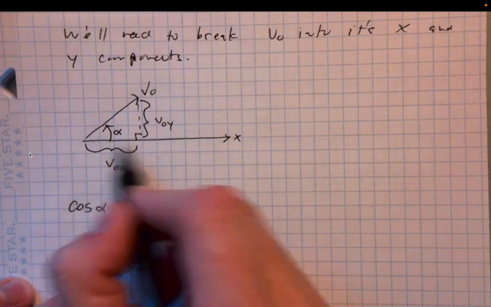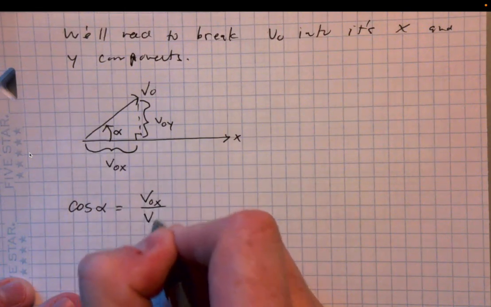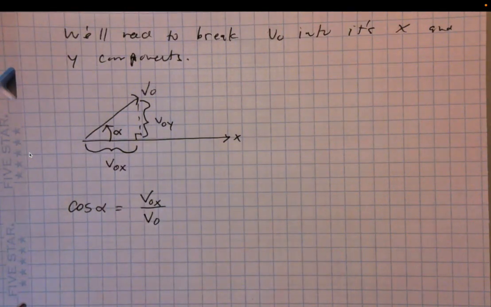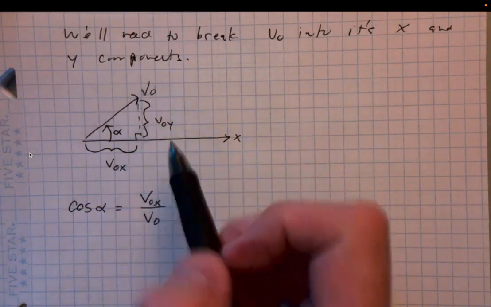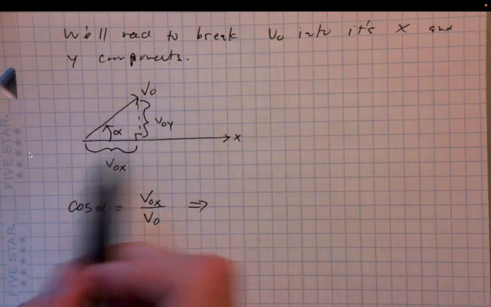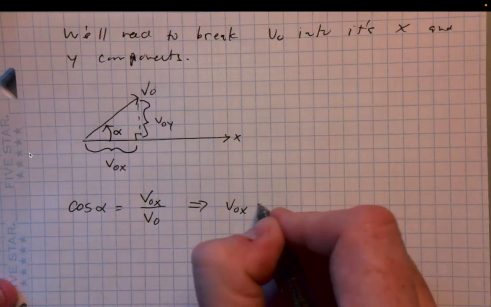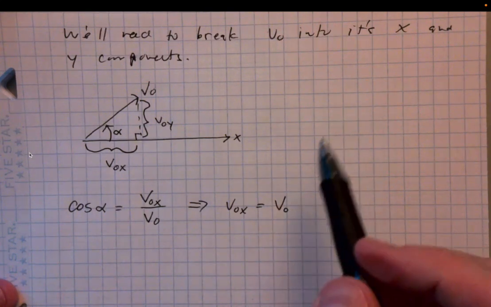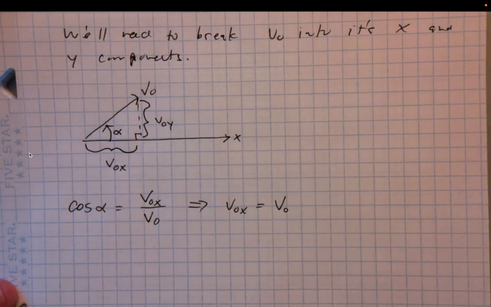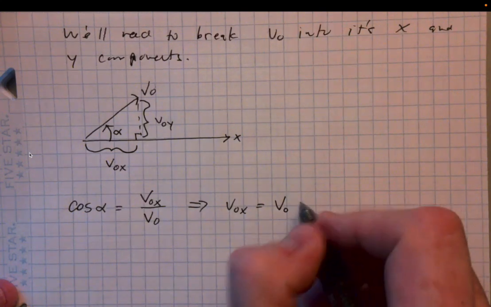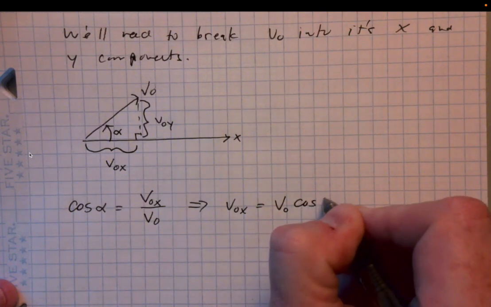So cosine of alpha is v naught x over v naught. So whatever this number is, you tell me, I can use trigonometry to determine the x component. So v naught x, the x component of the initial velocity, is equal to whatever the magnitude of the velocity is that you tell me, times cosine of the angle alpha.